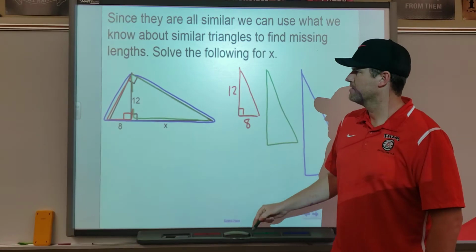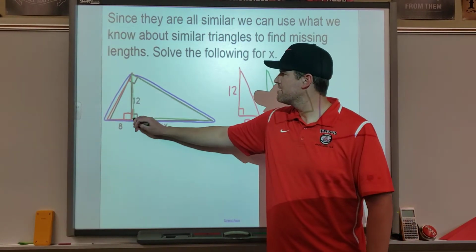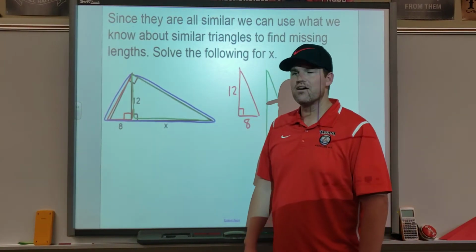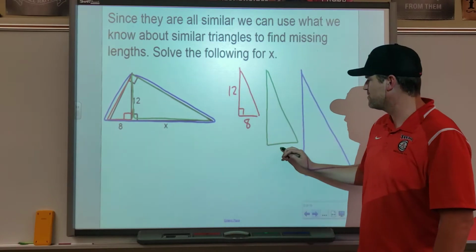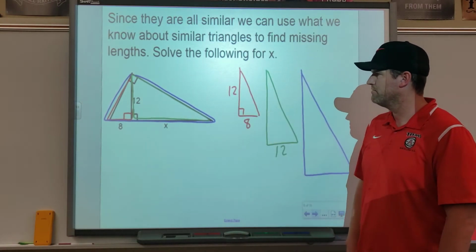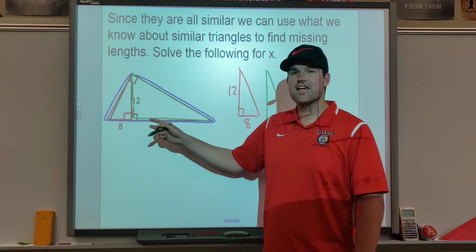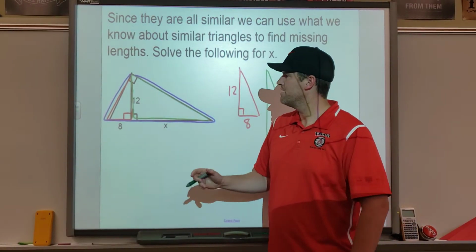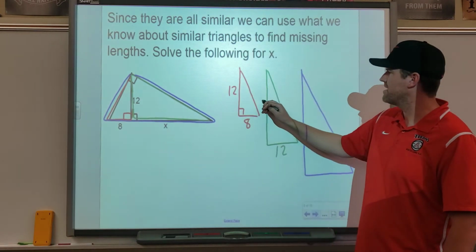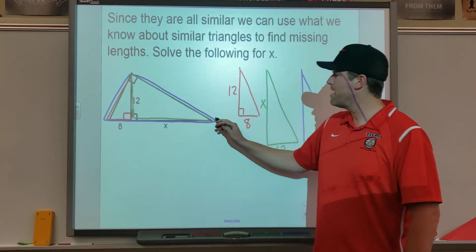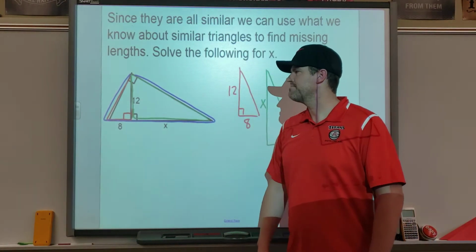In the medium triangle, this side right here is the shortest side of the green triangle. So my shortest side is 12. This side right here is the longer leg, or the medium side of the green triangle. So that's this side here. And then the hypotenuse, I don't know what it is.